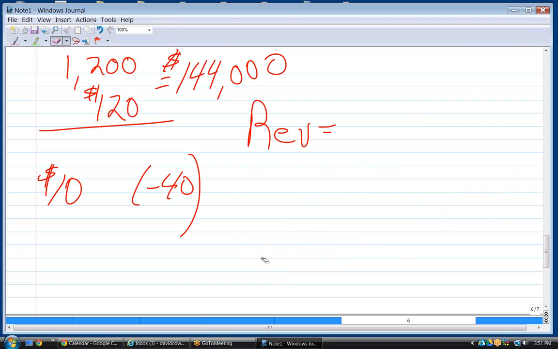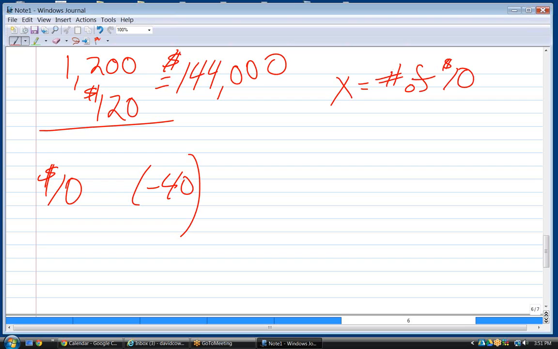What should our variable be? That's why this is a little trickier than the typical word problem. The variable we want to make is the number of $10 increases.